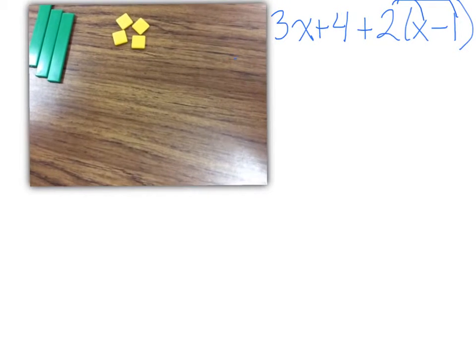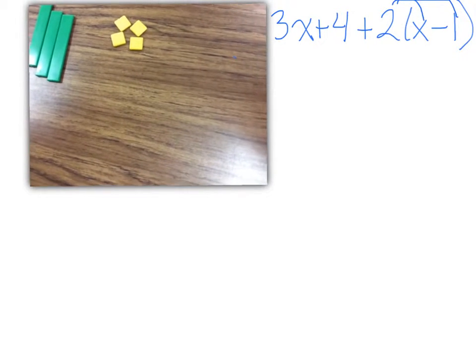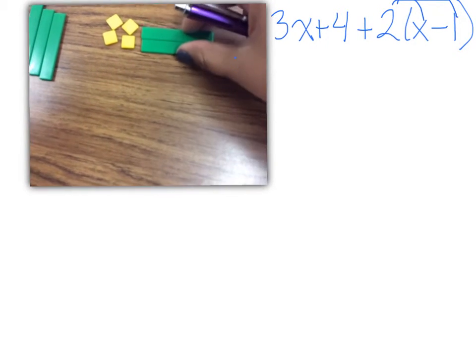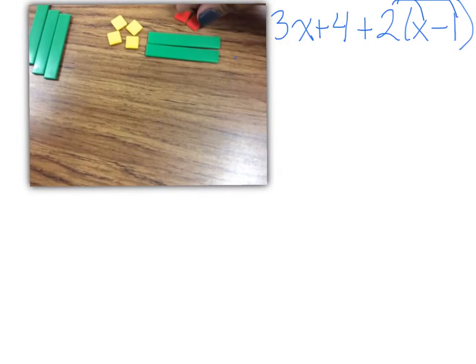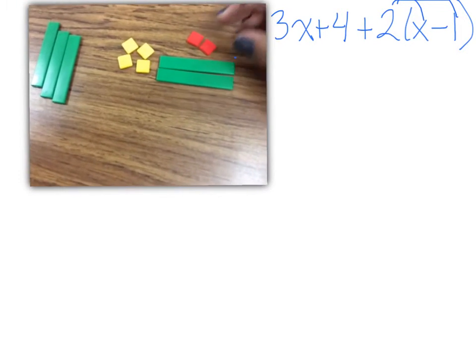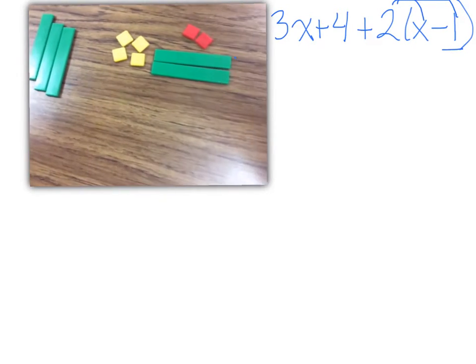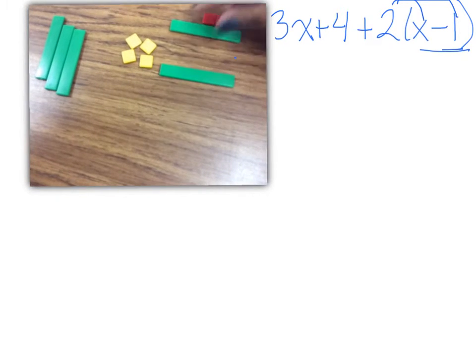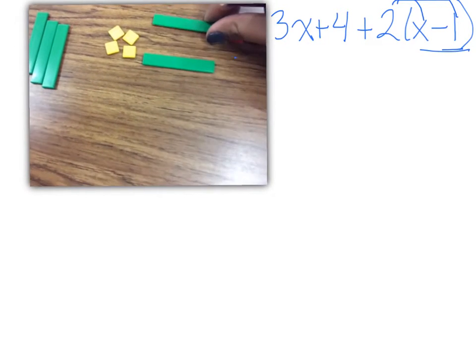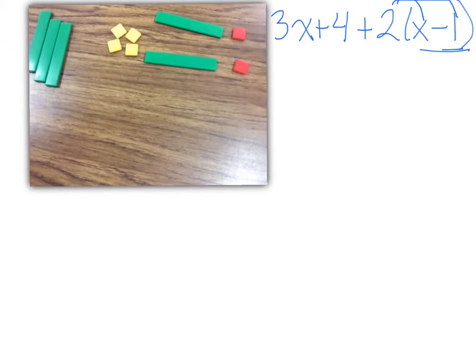So 2 times x is going to give me 2x, and then 2 times negative 1 is going to give me negative 2. Or I can think about there being 2 sets of that x minus 1. So it's like I have x minus 1 and x minus 1.